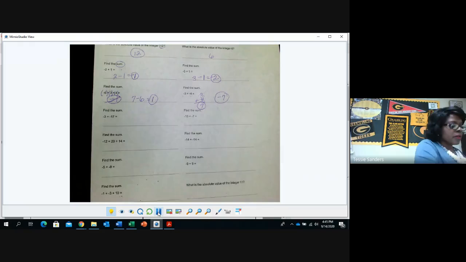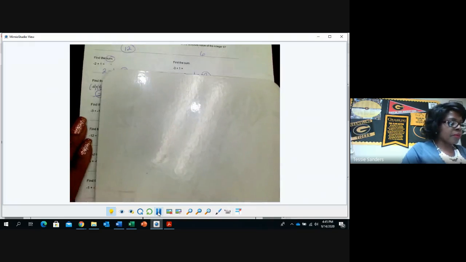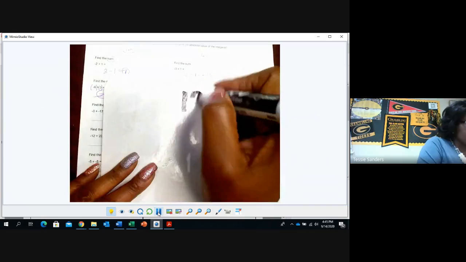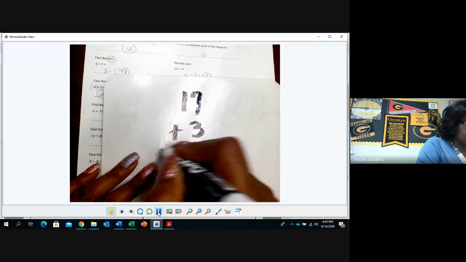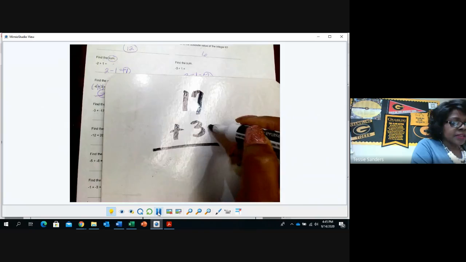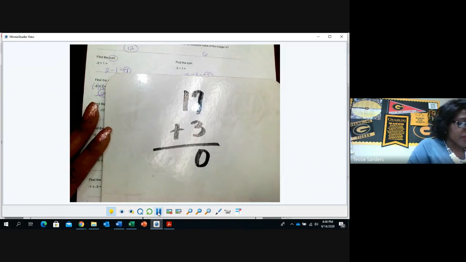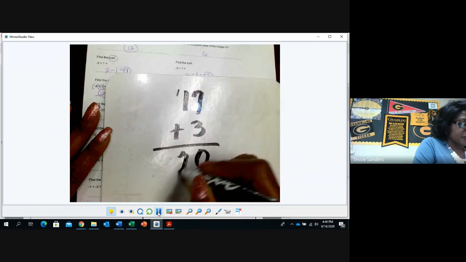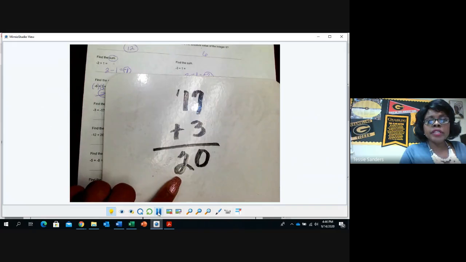So this is how this looks as we're rewriting the problem. We just simply have 17 plus 3. That's what we have. 7 plus 3, 8, 9, 10. Write your 0, carry your 1. 1 plus 1 is what? 2. So we have 20.